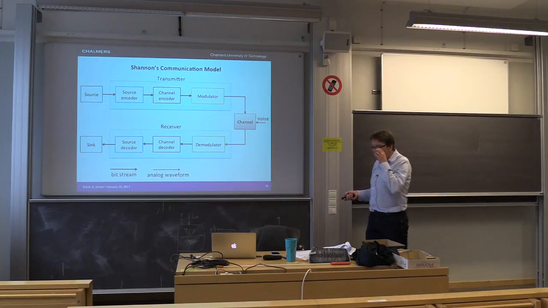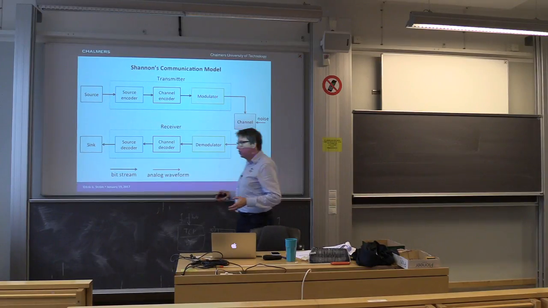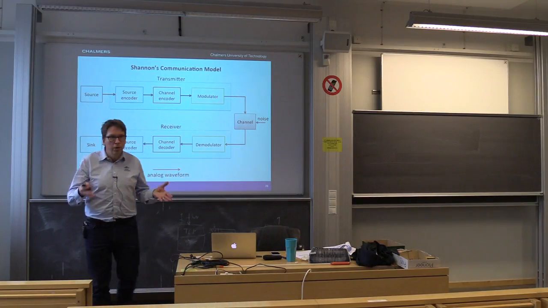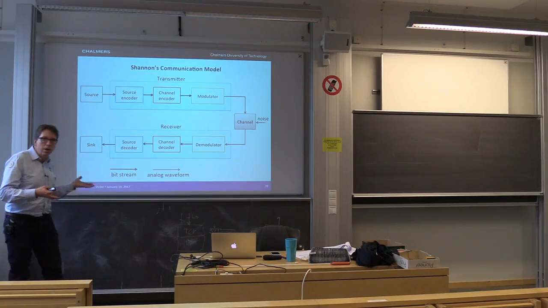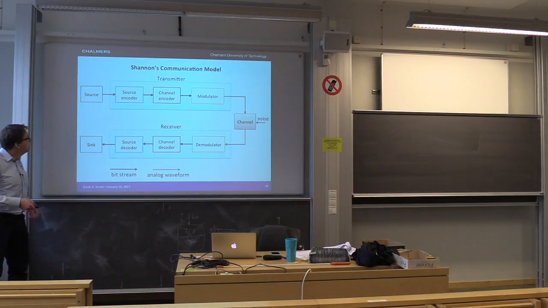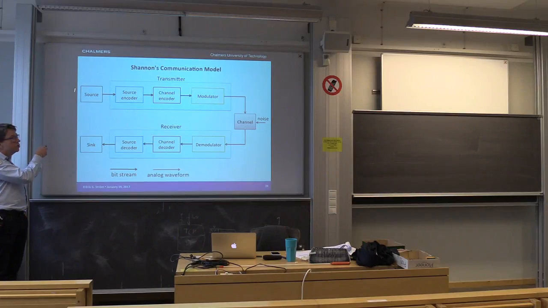Now, for people that are trained in physical layers, when they enter into a course, this is the type of model for communication they see. So we have a source which is generating bits, and we have a sink which is consuming bits. And for the physical layer here, there is one physical entity called the transmitter, and one called the receiver, and they are interconnected with something called the channel.